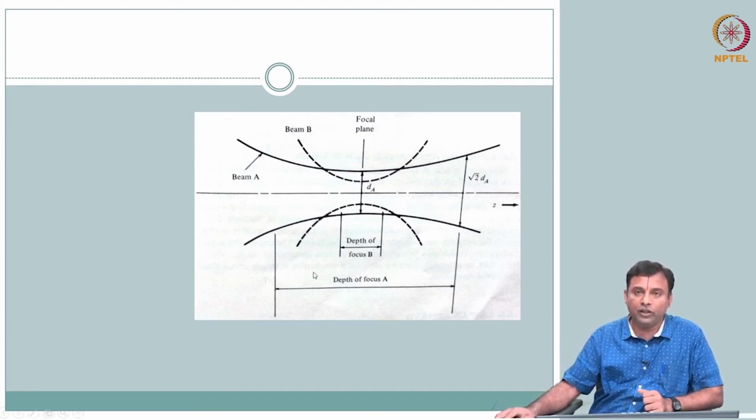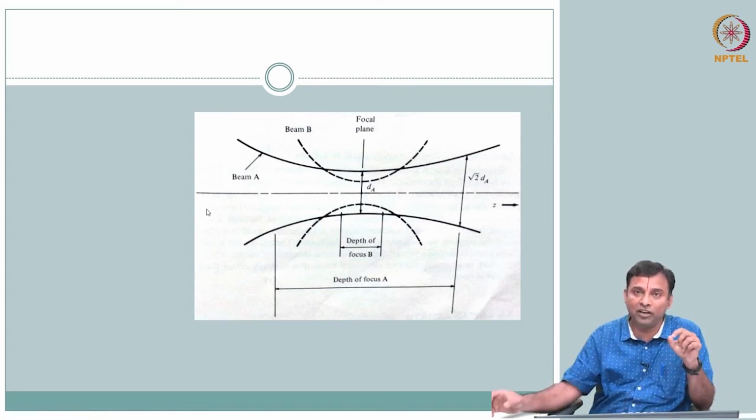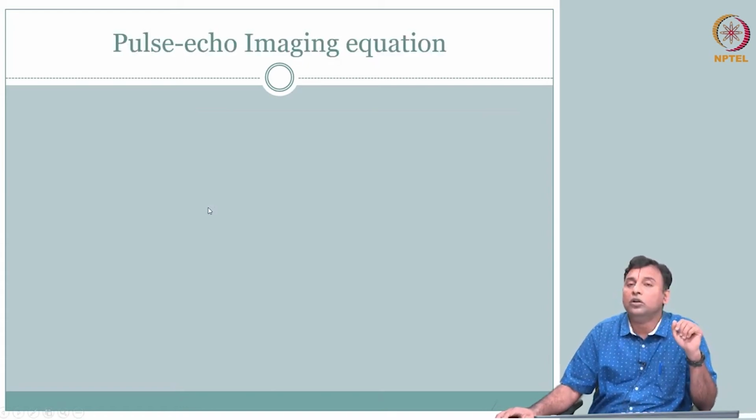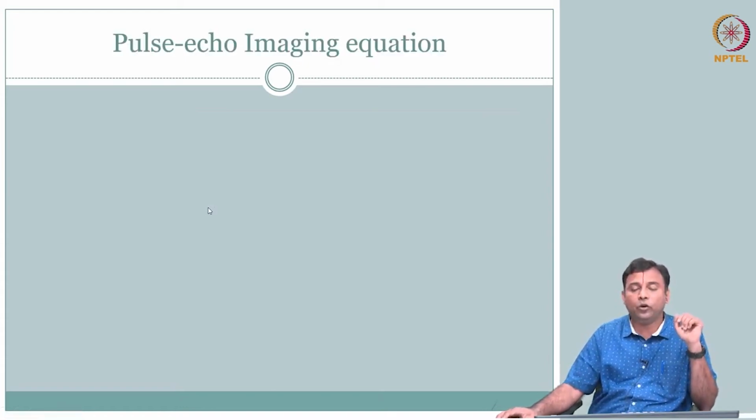So the focus will be on carrying forward our imaging equation using this transducer, and of course along the while appreciating the different aspects that we covered with respect to say focusing, divergence, beam width, right, all that. Okay, so let's move on to write down the pulse echo imaging equation.